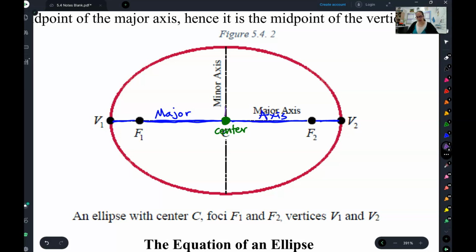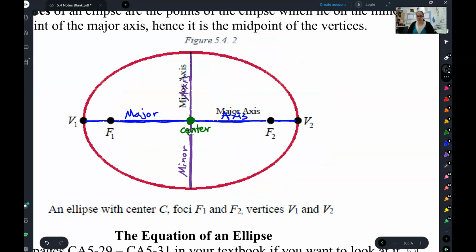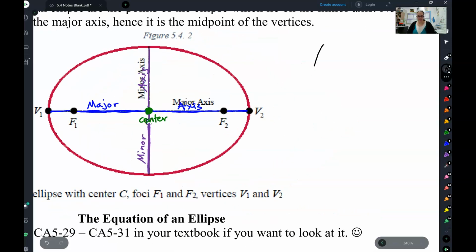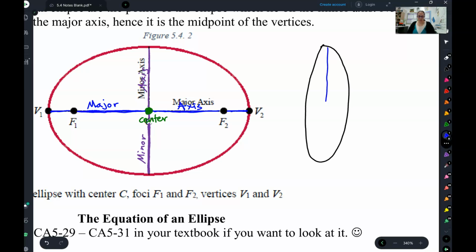And we also have the minor axis, which is the smaller axis. So you can see if you had an oval that instead of facing side to side, faced up and down like this, this would now be your major axis, and this would now be your minor axis. Major is just always whichever one is bigger.